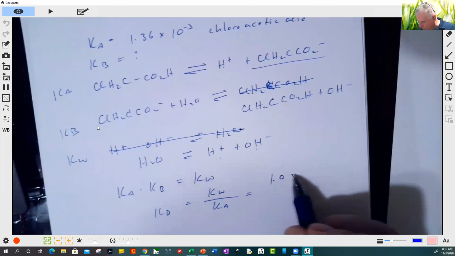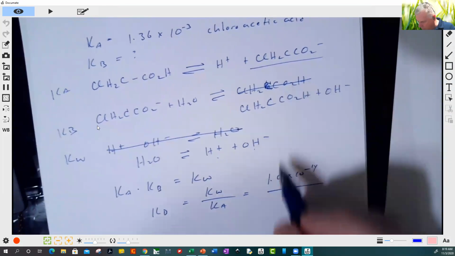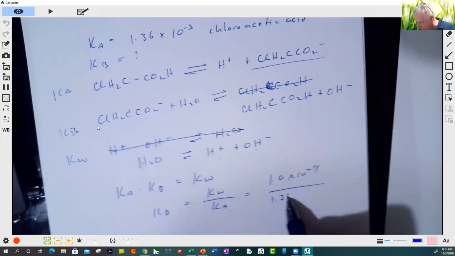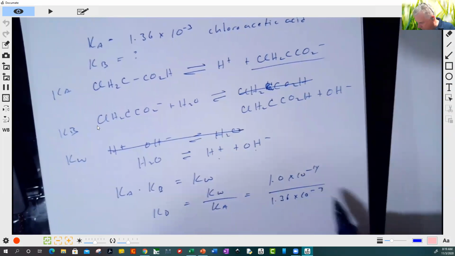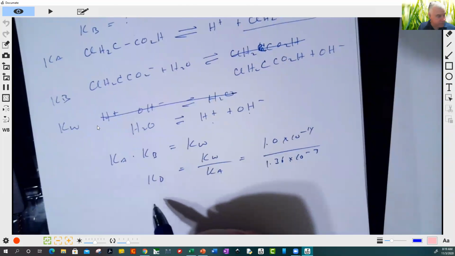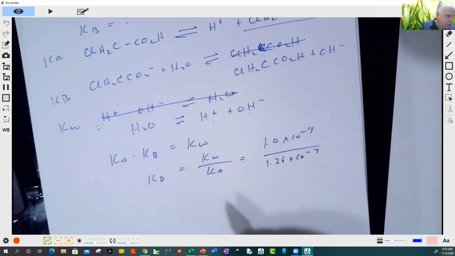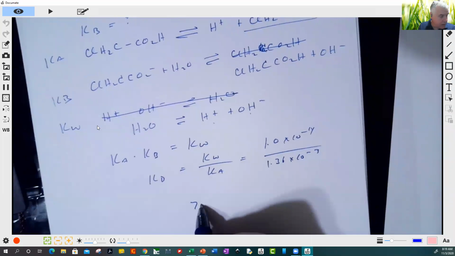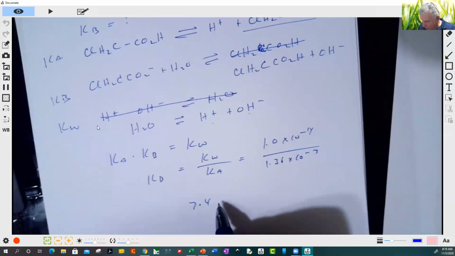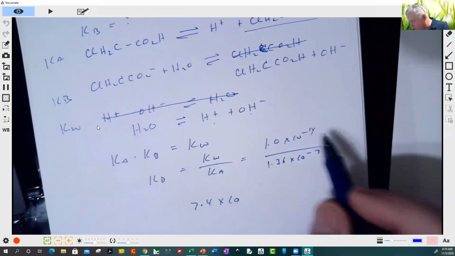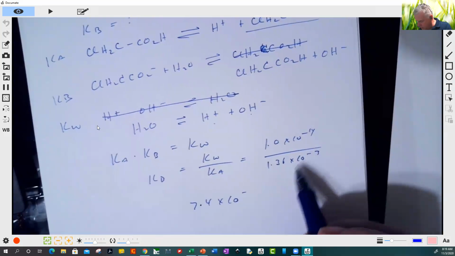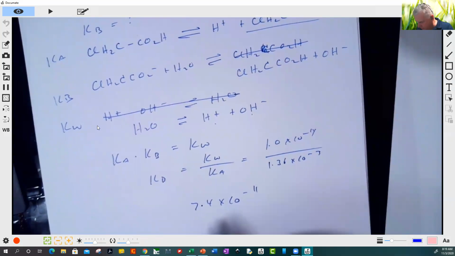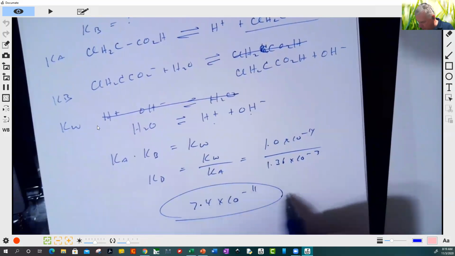It's equal to 1.0 times 10 to the minus 14th over 1.36 times 10 to the minus 3, which will equal 7.4 times 10 to the minus 14 minus 3 is 11, right? This is Kb.